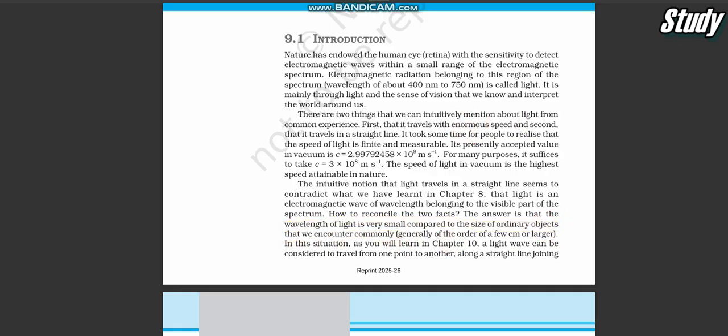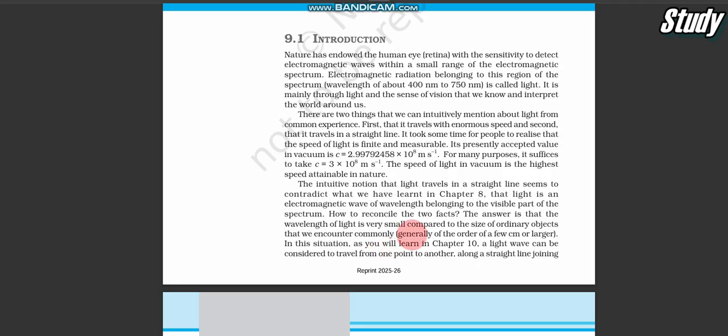You see, the wavelength of light is 400 nanometer to 750 nanometer, which is really very small, right? But the objects around us are really large, so that we can perceive them with our vision. But the light is not like that. It has a very small wavelength, in such a way that we can't perceive it in normal life.